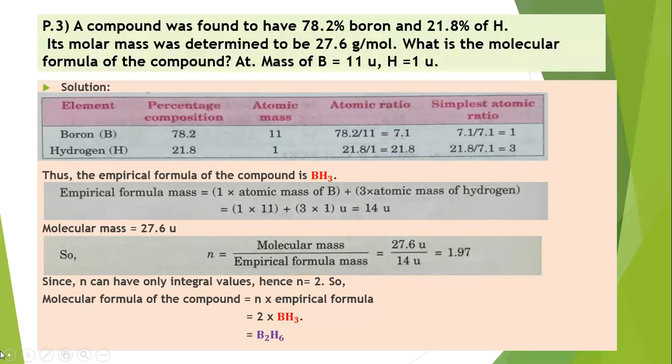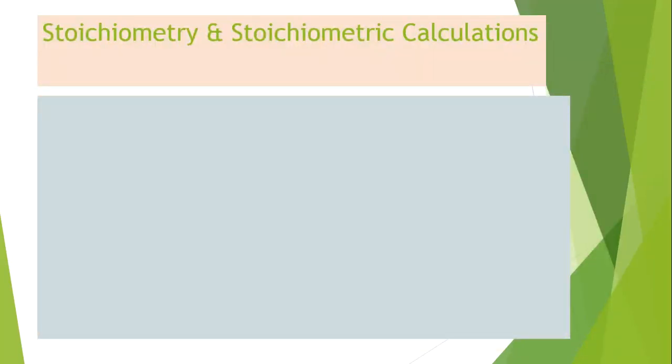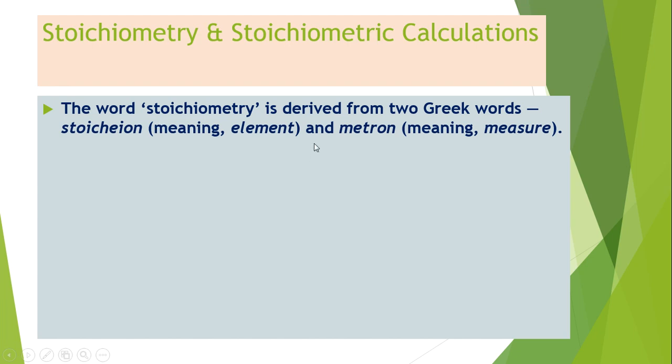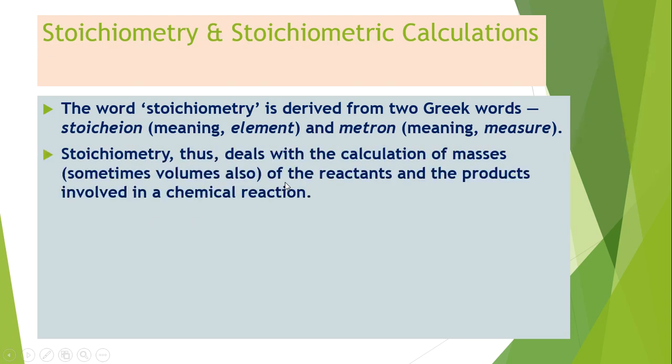Next we will do our next topic, that is stoichiometry and stoichiometric calculations. The word stoichiometry is derived from two Greek words, stoichion meaning element and metron meaning measure.